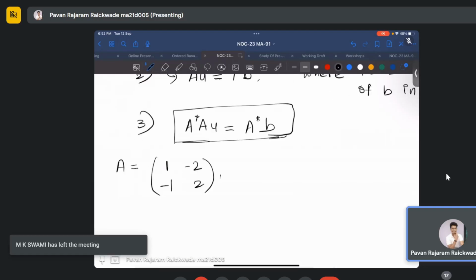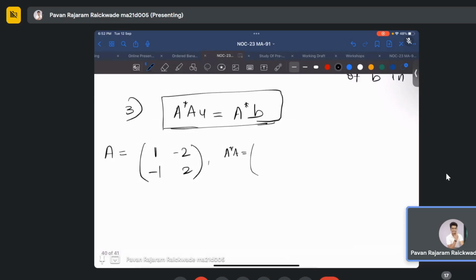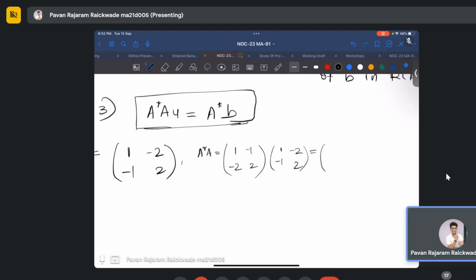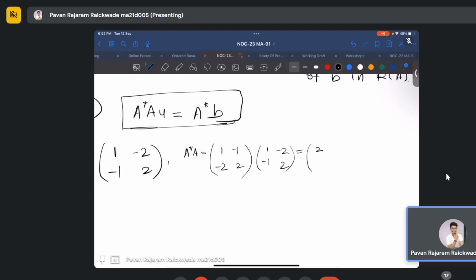Then let's calculate its A star A. A star A will give me 1 minus 2 minus 1, 2, multiplied by 1 minus 1 minus 2, 2, which gives 2, then minus 4, and then minus 4, and then plus 8. Is it correct? Yes, this is correct.